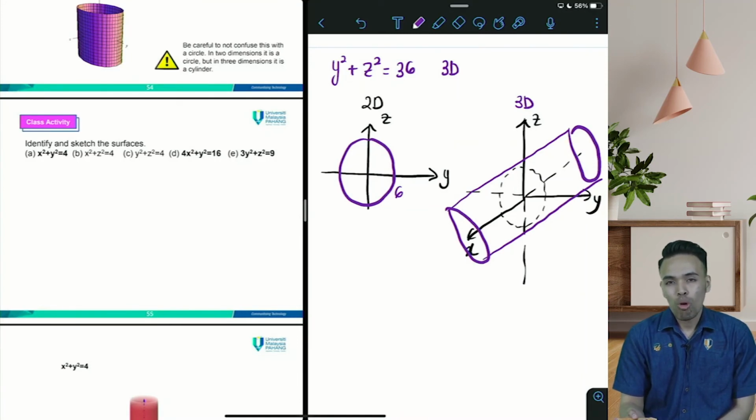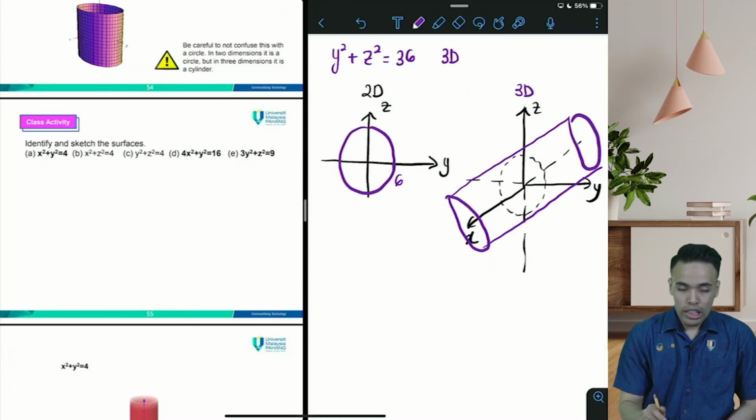So I really hope that if I somehow change the expression or tweak the question a little bit for you, if you have a strong foundation, you should be able to answer the question.